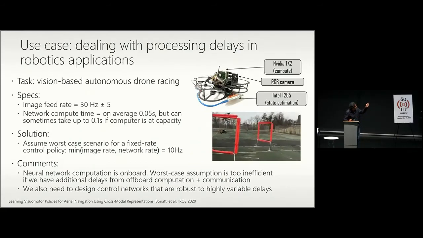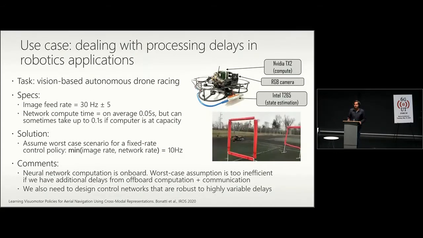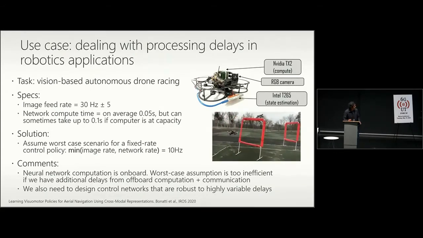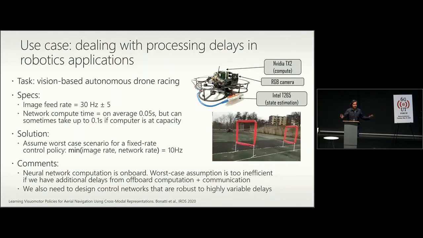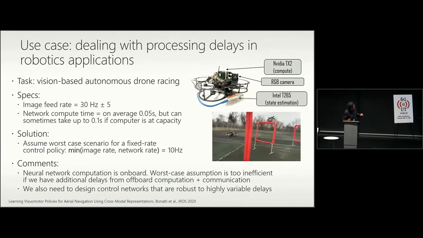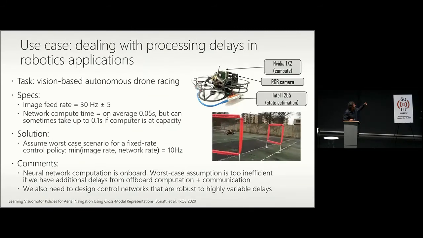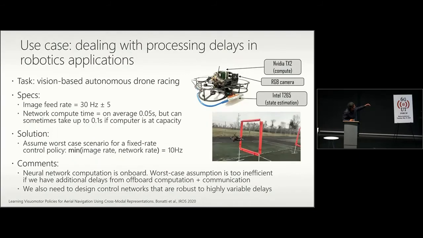With just 30 hertz plus or minus 5 hertz, our policy that we trained using some of the most sophisticated machine learning techniques actually fails, and we have to account for that. In this case, we came up with simple heuristics that deal with it, but it reduces our frame rate to 10 hertz, even though our camera is capable of 30 hertz.